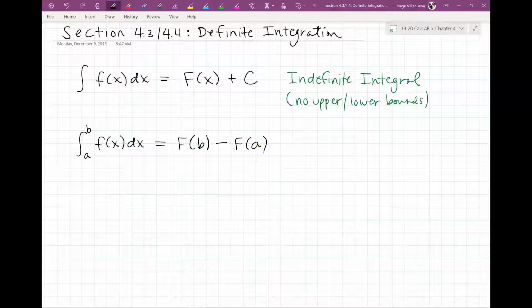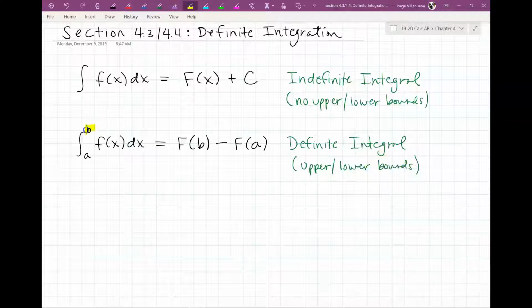This is actually the first fundamental theorem of calculus, but we'll define it. This is called a definite integral, and it has upper and lower bounds.